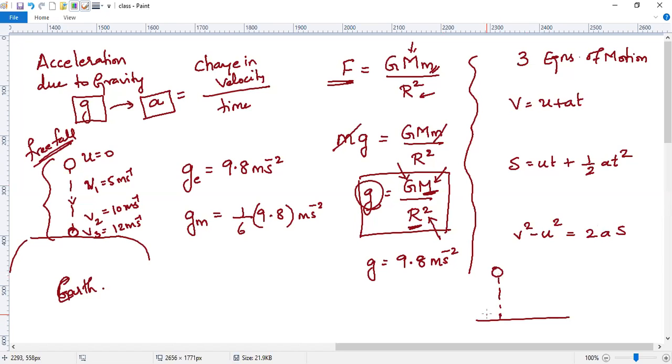Okay, fine. ஒரு object fall ஆகும்போது it is falling due to gravity. That is one thing. ரெண்டாவது, இது cover பண்ற distance is nothing but the height. So instead of s, I'll apply h, and instead of a, I'll apply g.